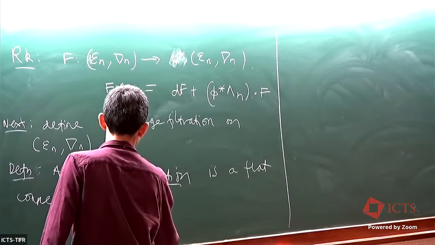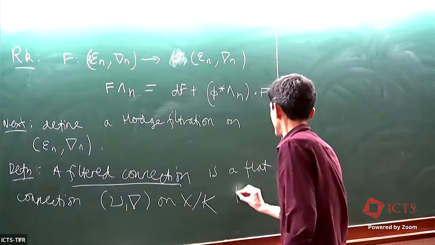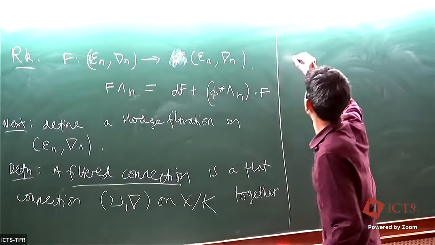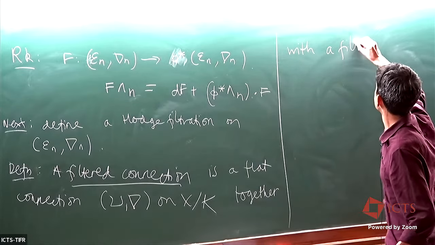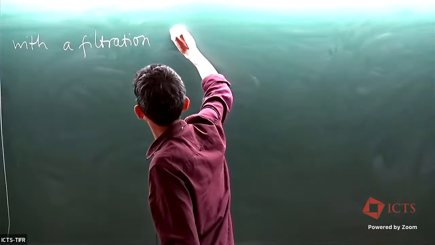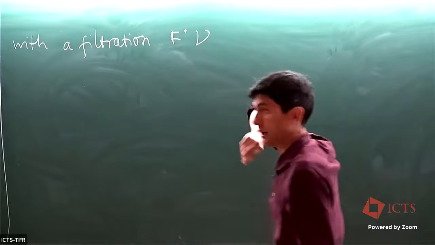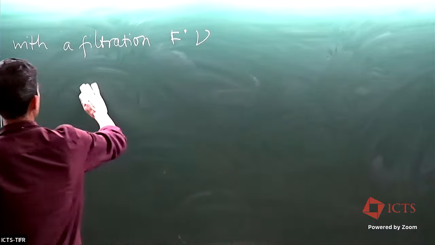(V, nabla) on X over k together with a filtration, which is usually a decreasing filtration.